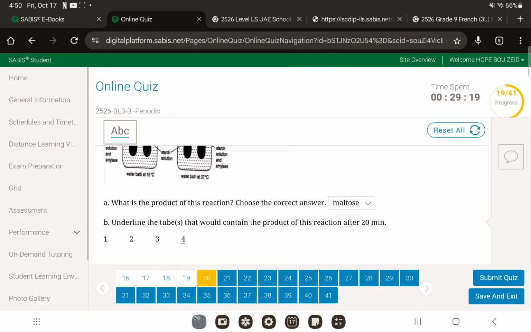So yeah, tube 4 would contain the product after 20 minutes, because 20 minutes is a long time, and it is probably going to be one of the only ones that have actually produced the product or finished the reaction in the span of 20 minutes, and the other ones will generally take longer than tube 4, and might take longer than 20 minutes. That's what I personally understood, and I just hope that made sense.